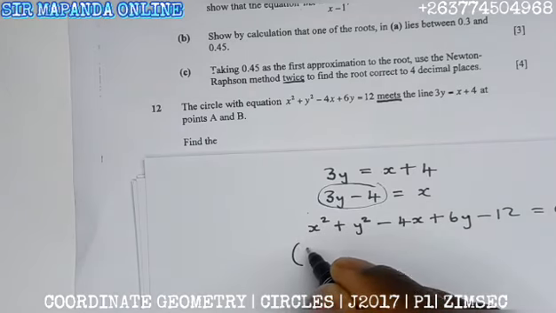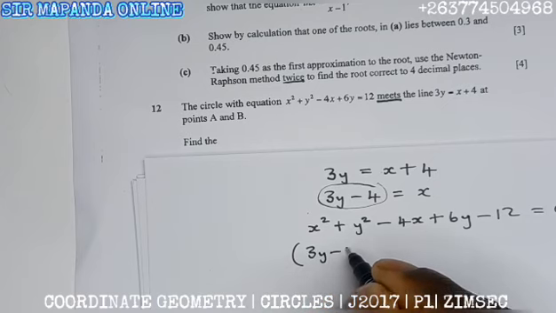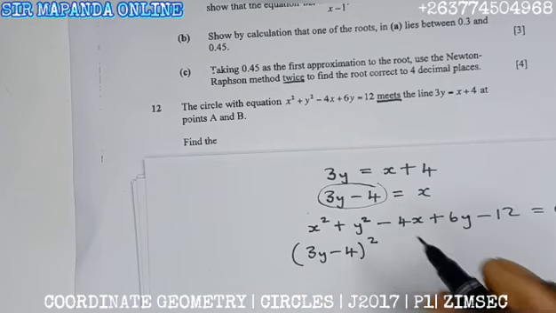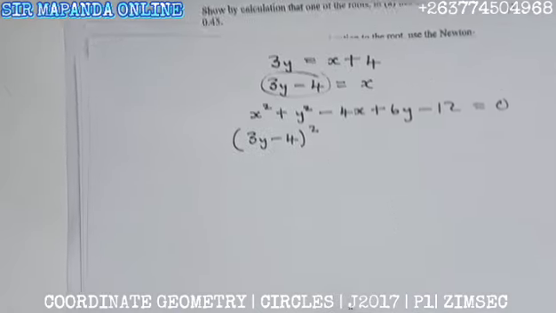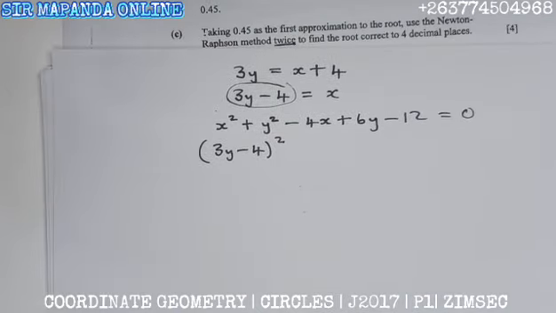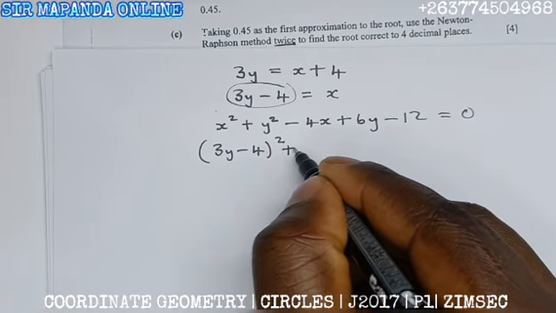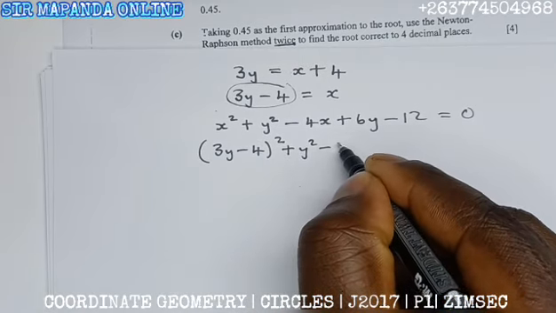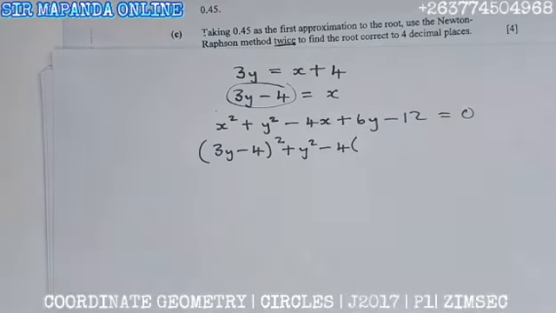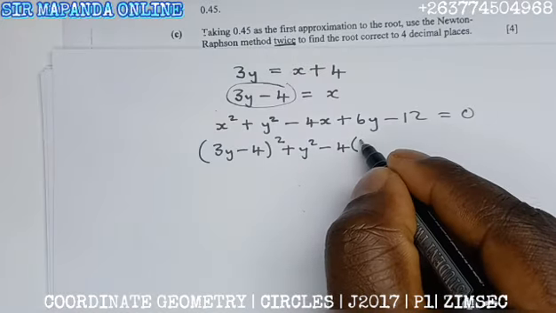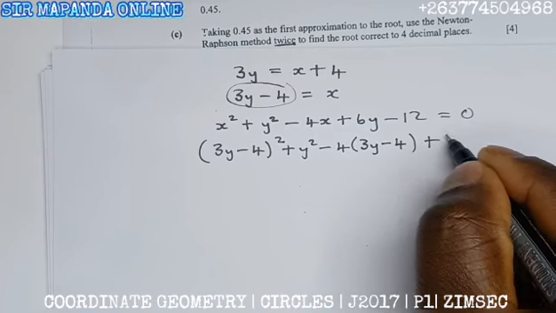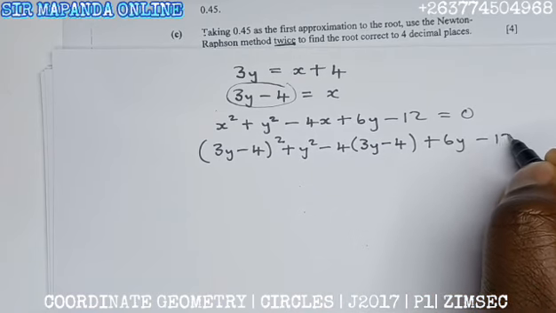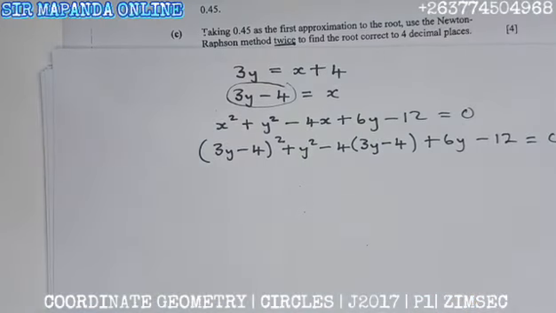So you get 3y minus 4 squared. Putting 3y minus 4 on x, you get 3y minus 4 squared. I hope you are following. Plus y squared minus 4, open bracket. Then on x, you put 3y minus 4 plus 6y minus 12 is equals to 0.